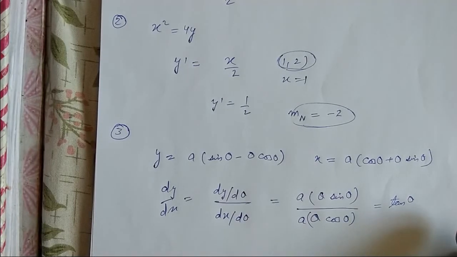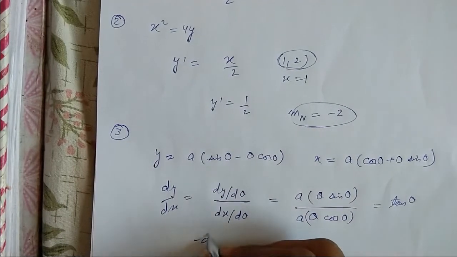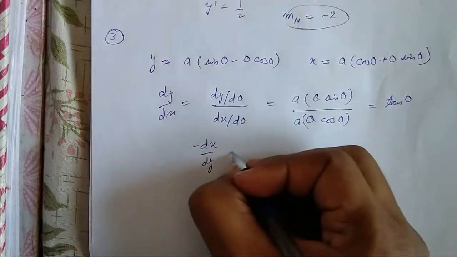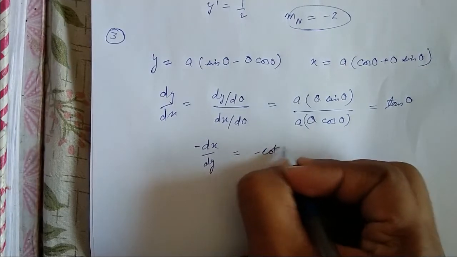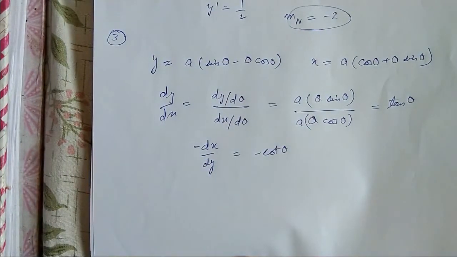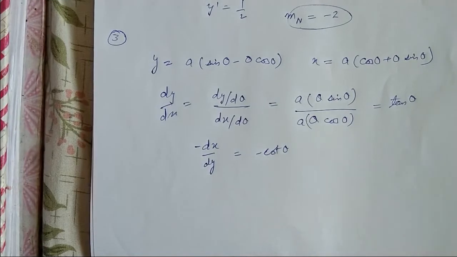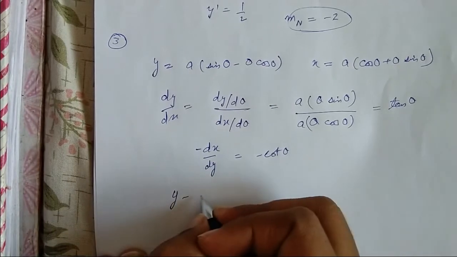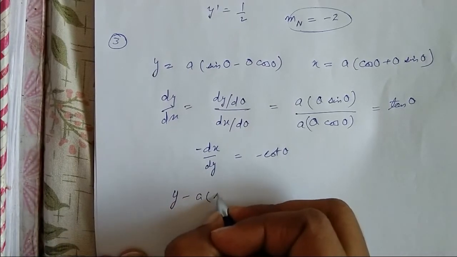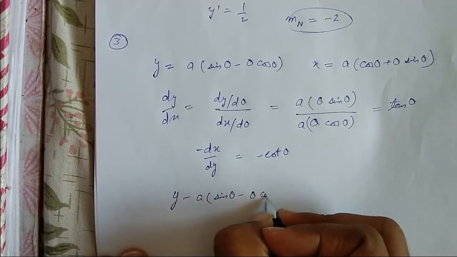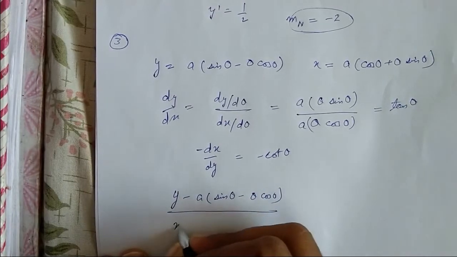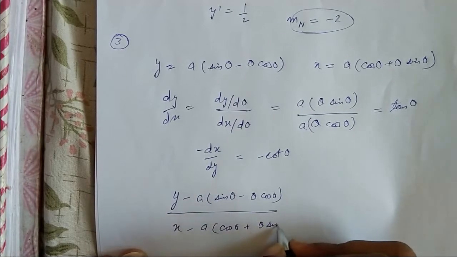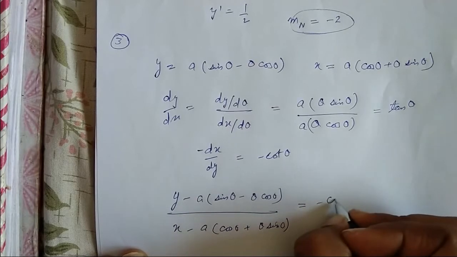So minus dx by dy would be equal to minus cot theta. Now writing the equation, y minus (a sin theta minus theta cos theta) upon x minus (a cos theta plus theta sin theta) is equal to minus cot theta.